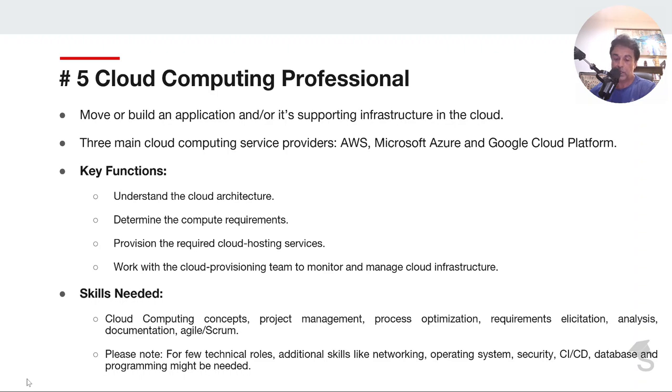Like in AWS, we have EC2, RDS, S3, VPC, application load balancer, ALB, network load balancer, NLB, and similar services. Now, for a few technical roles, additional skills like networking, OS (operating system), security, CI/CD, database, and programming concepts will be essential.